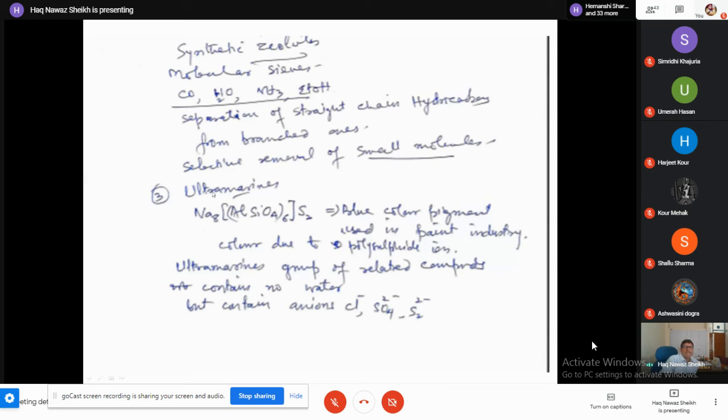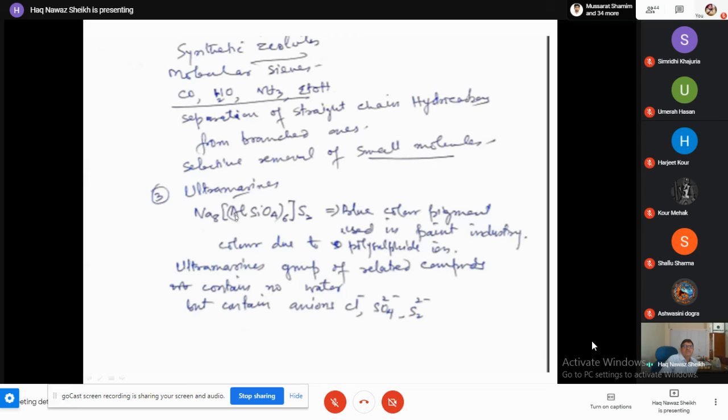Then the last category is ultramarines. These are colored compounds. They were used in the paint industry, oil paints, painting industry, as colored compounds. So they are silicates again, substituted tetrahedral, 3D silicates in which silicon has been replaced by aluminum partially, say 6 times.